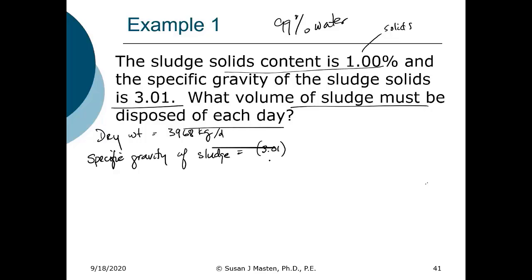And since it is 1% solids, the specific gravity of the sludge is simply the weighted specific gravity of your solids and water. And water has a specific gravity of 1. So the specific gravity of the sludge is 1.02.